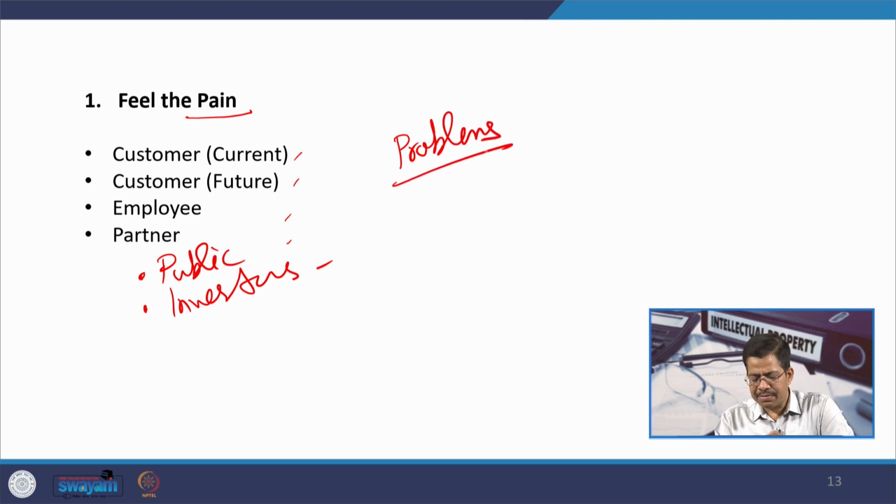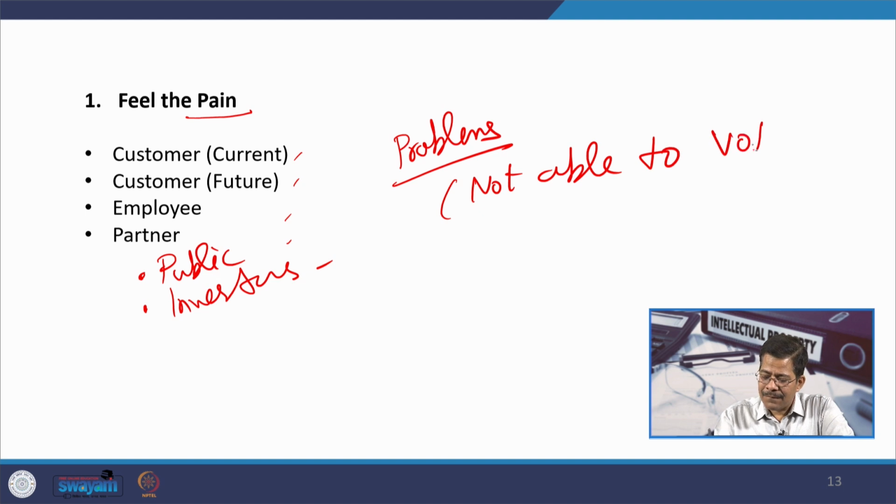For example, I just mentioned voting. So, not able to vote due to higher education.